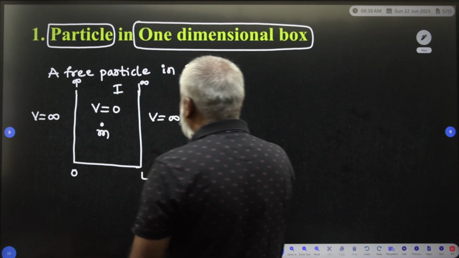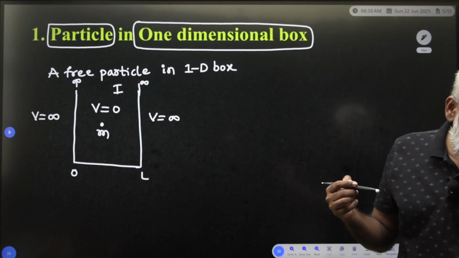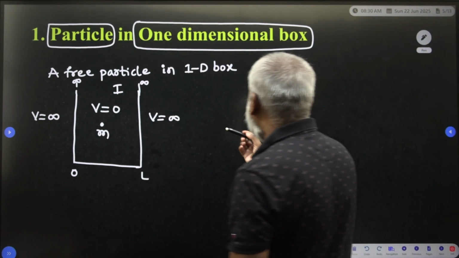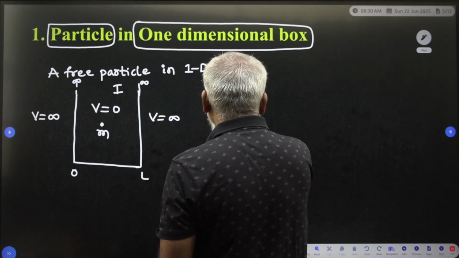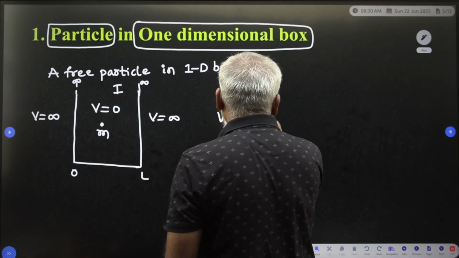So, what is the condition for the potential? We need to write the condition for the potential according to the one dimensional box.